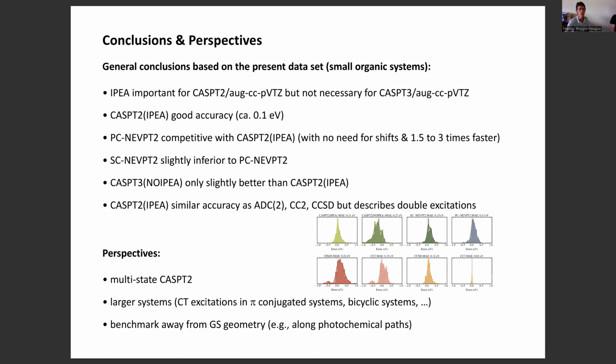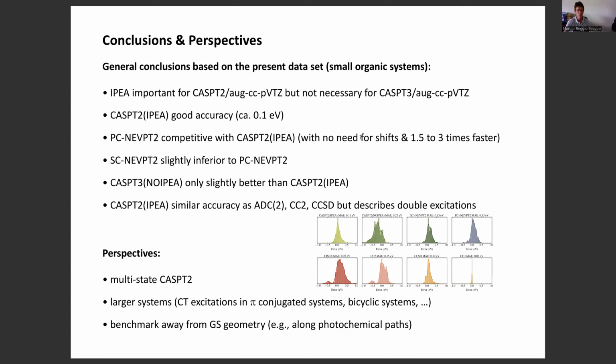Okay, to finish, we have shown that the IPEA shift is important for CASPT2, but it's not necessary for the CASPT3 calculations. The CASPT2 with the IPEA shift has a good accuracy, with an average error of about 0.1 eV. The partially contracted NEVPT2 is quite competitive with CASPT2.